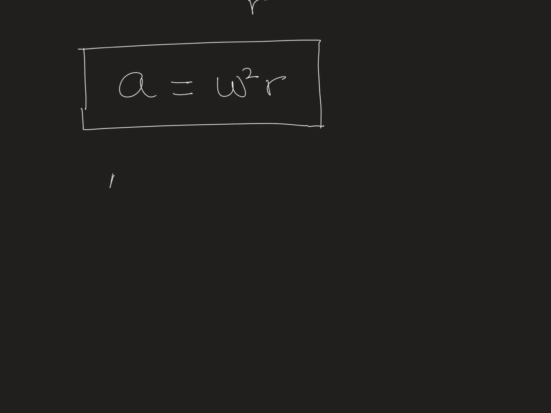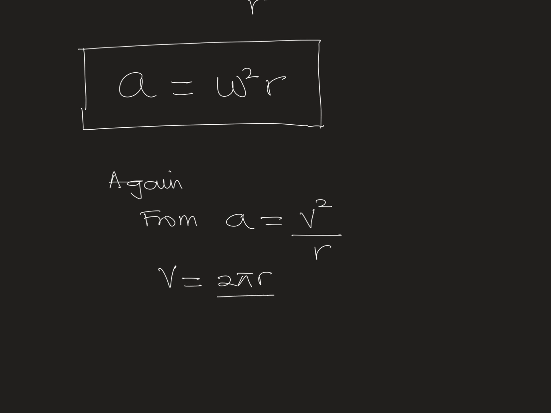Again, from acceleration equal to V squared divided by R, we have already derived in our previous video that V is equal to 2 pi R divided by the period. Is that not so?